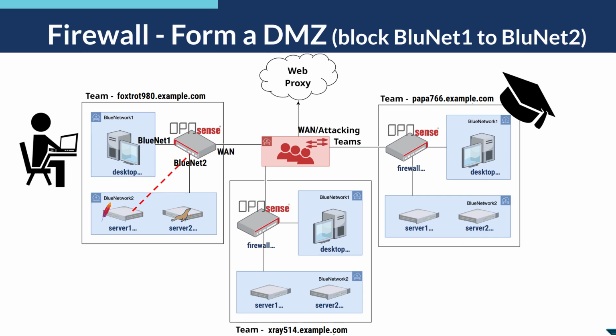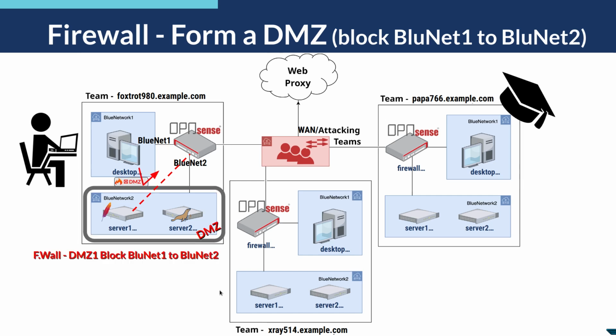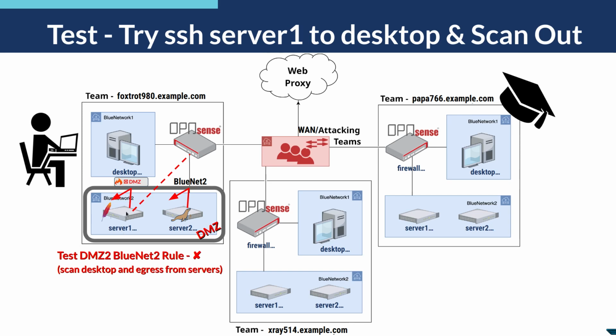There are some other things. For example, in the lab we have you lock it down so that if you're really going to do a true DMZ, you have to not only block your employees from getting in, but you need to block your systems from getting out. This is called egress restrictions.